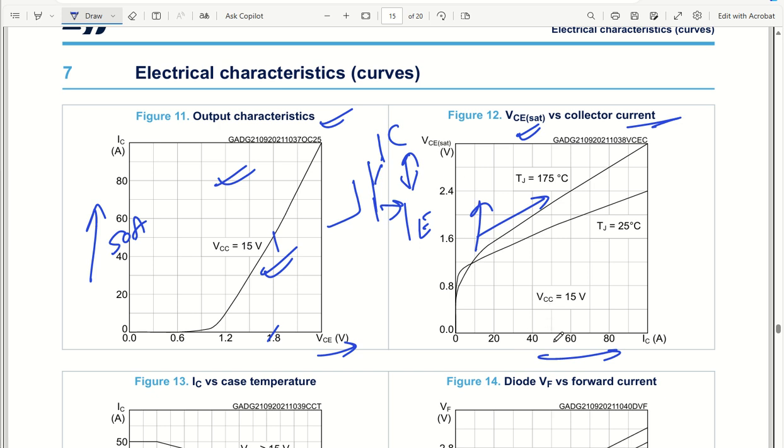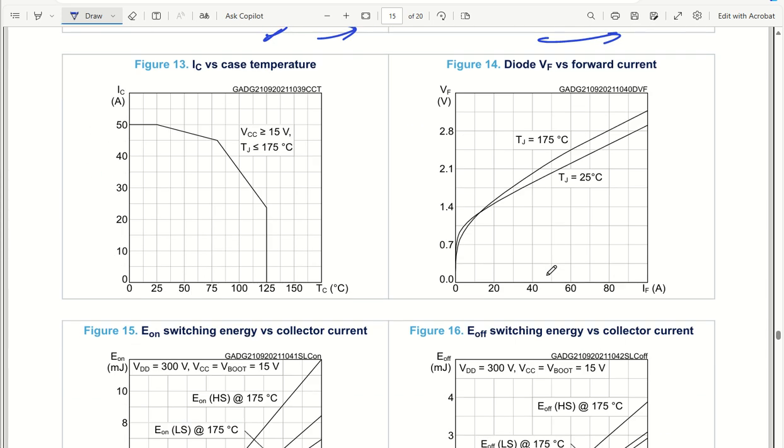So let us say we are working with 50 ampere. At 50 ampere and 25 degree centigrade, my saturation voltage VCE will be close to 1.8 volt. Just now we saw here as well, and the same way here. So this particular point shows the saturation voltage between the collector to emitter junction. Let's talk about IC versus case temperature.